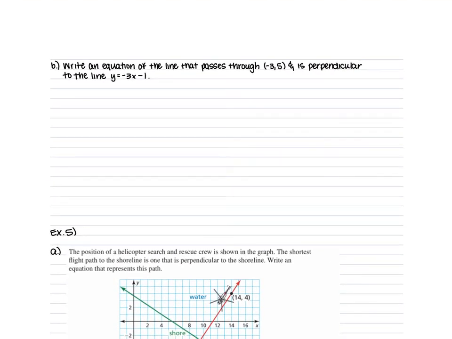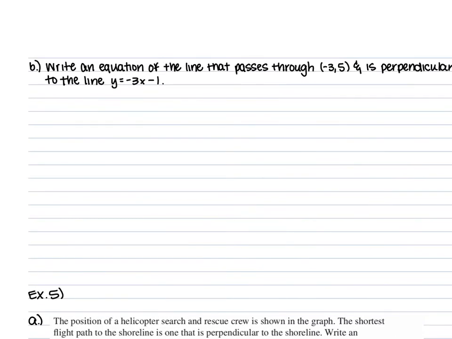For B, we're writing an equation of the line that passes through negative 3, 5, and is perpendicular to the line y is equal to negative 3x minus 1. So our slope of this perpendicular line is going to be a positive 1/3. Again, we're going to use that negative 3, 5, so y minus 5 is equal to 1/3 times x minus negative 3.